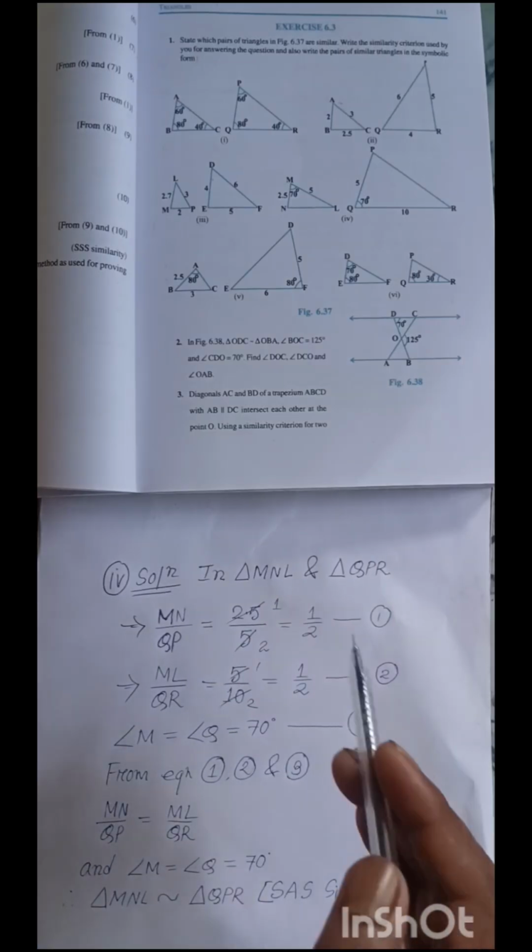Now we will solve question number 5. In question number 5, given triangles ABC and DEF, I will compare the angles and also the side ratios. So write in triangle ABC and triangle DEF: AB by FD equal to AB value from this figure.